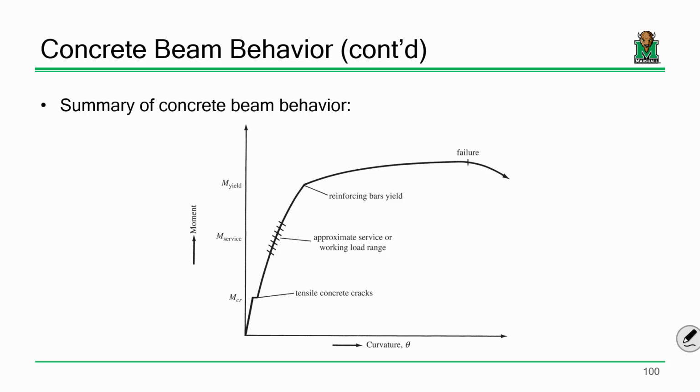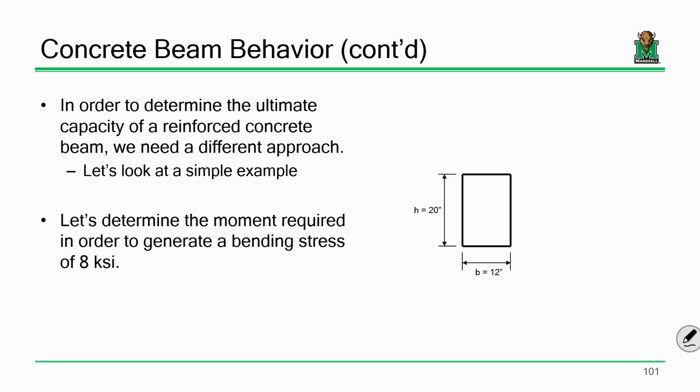We have a linear behavior up until M cracking, then it jumps a little bit. Then we keep applying load, and then the bars begin to yield, and we hit failure. What I'm after is the maximum capacity of the concrete beam. Now, the problem with what we're going to see in a second is that concrete behavior is very non-linear. Because of that, we need to be able to assess what non-linear behavior means in terms of our analysis.